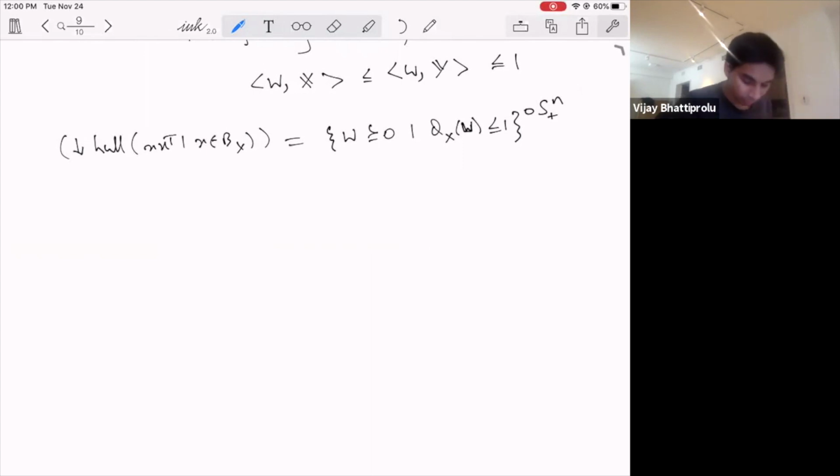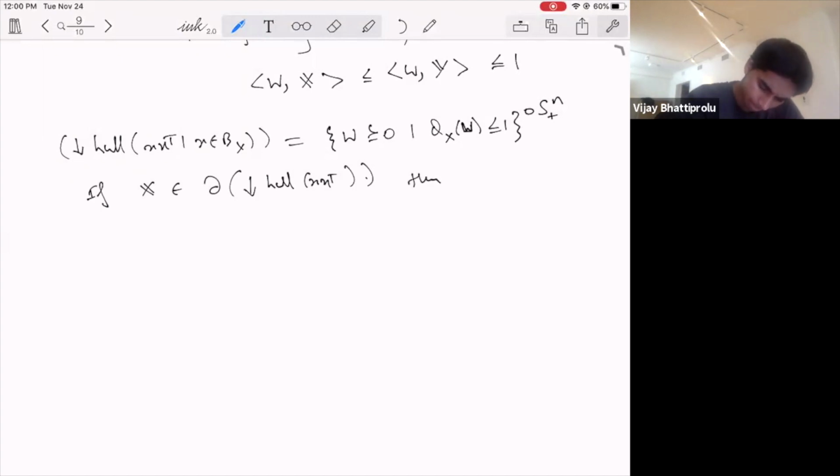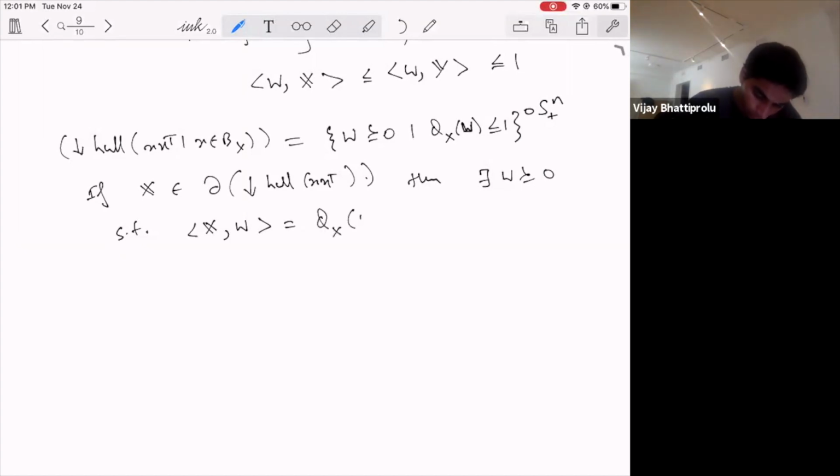And one consequence of this that I'm going to use, which is not hard to prove just from what I've already said, is that if X belongs to the boundary of the downward closure of the hull of XX transpose, I'm not going to write the entire thing because I've written it like three times, then there exists W that's PSD such that the inner product of X and W is equal to the quadratic maximum of W. Another way of saying this is there exists W that's PSD and has quadratic maximum equal to 1, and moreover, the inner product of X and W is equal to 1.